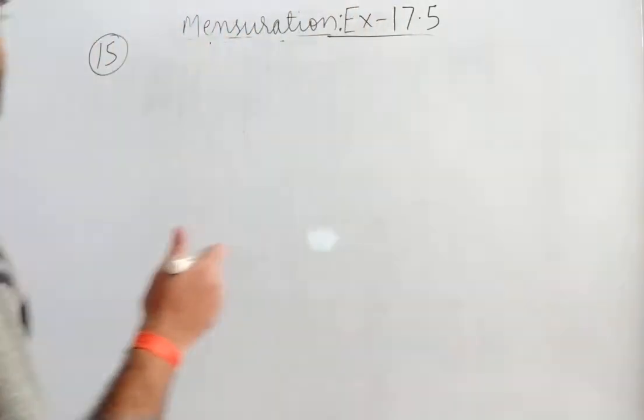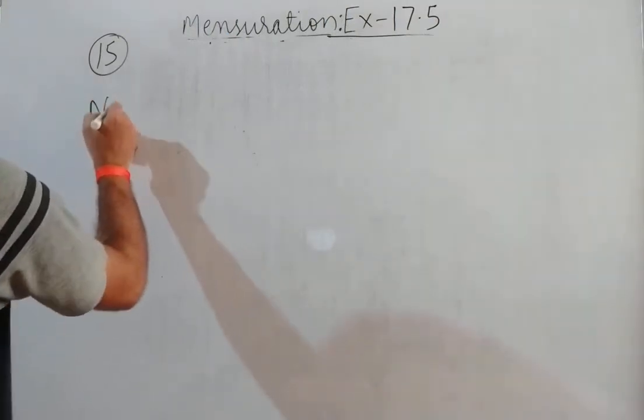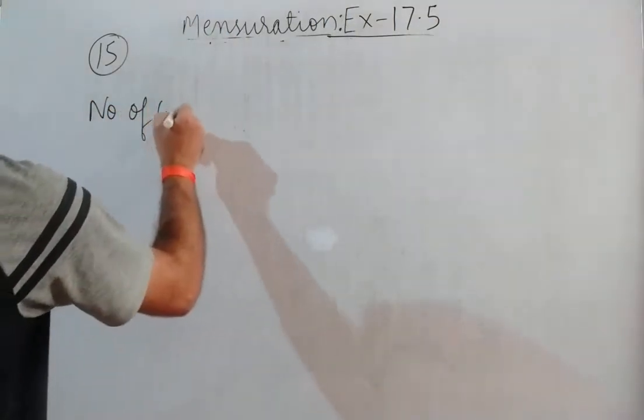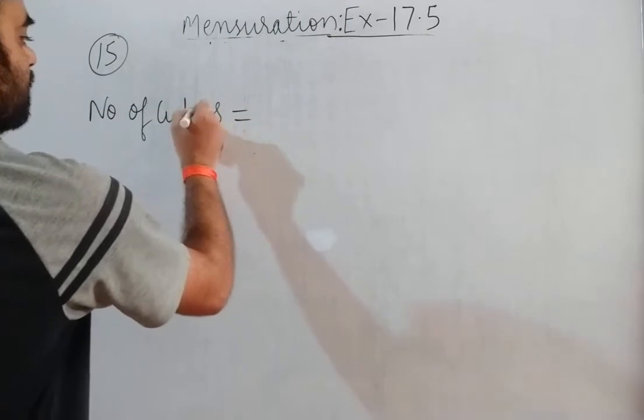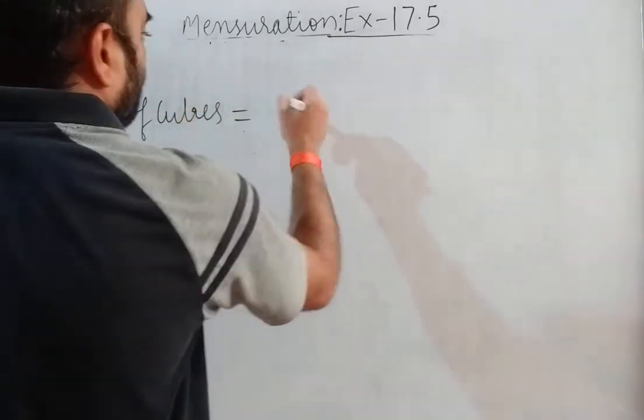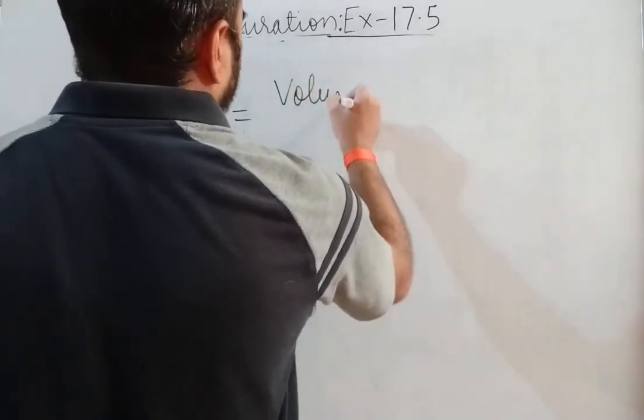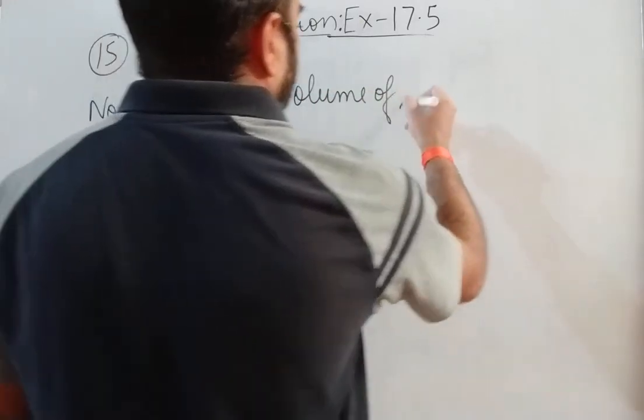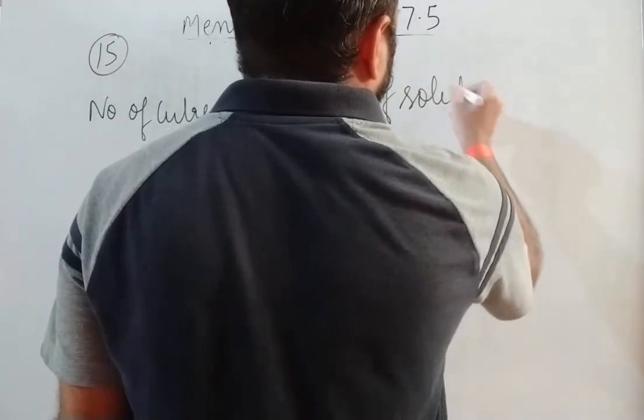Very easy. The formula is: number of cubes is equal to volume of solid cylinder, that is the bigger volume.